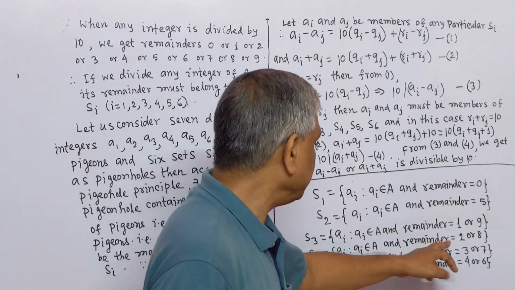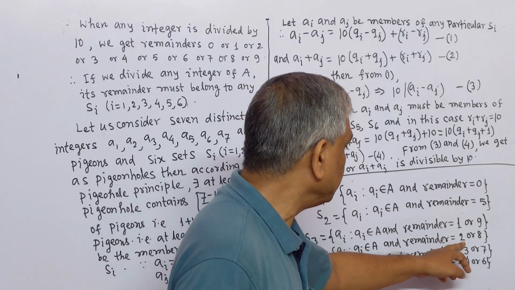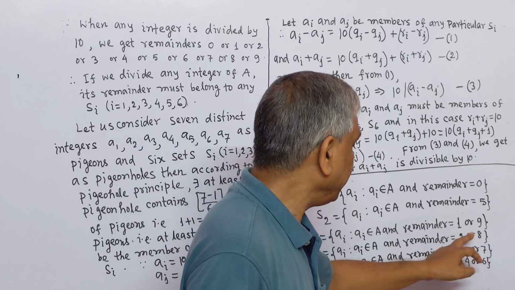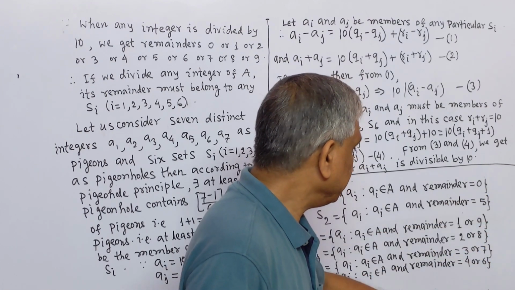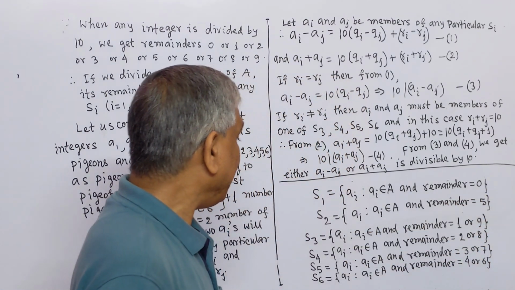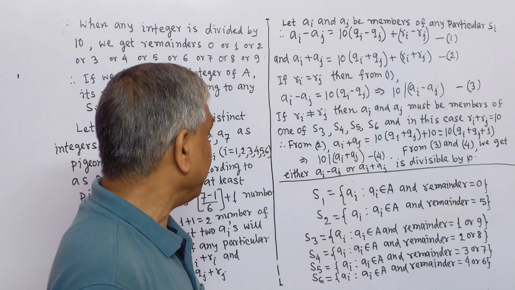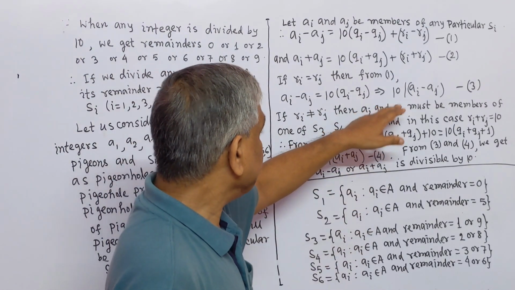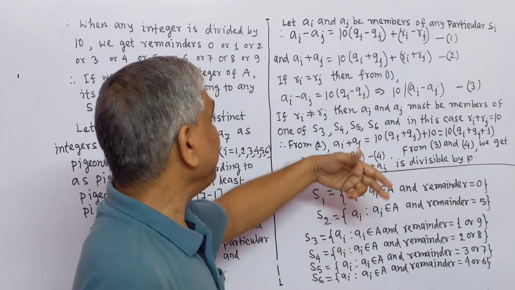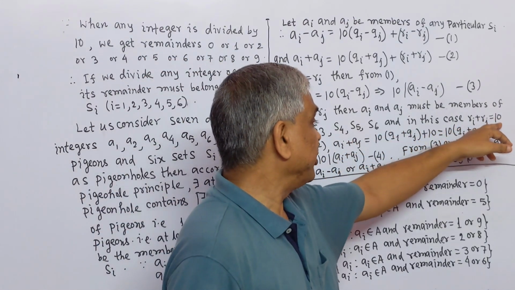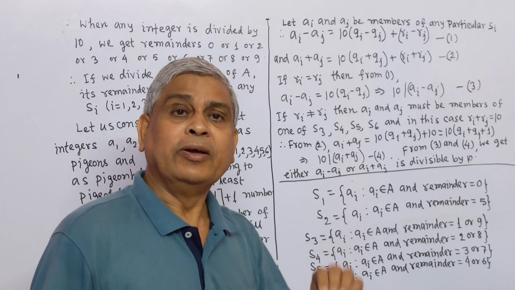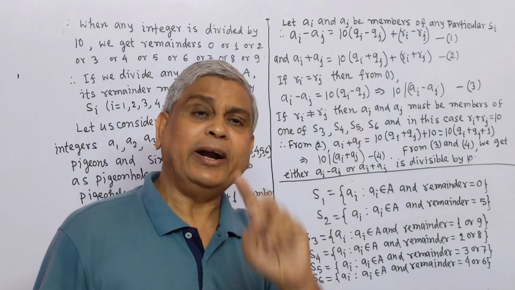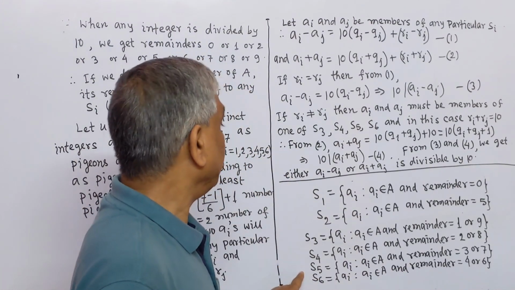Similarly, if ri equals 2 and rj equals 8, then ri plus rj is 2 plus 8 equals 10. Similarly, if ri and rj are distinct, then ri plus rj equals 10, because ai and aj belong to a particular Si.